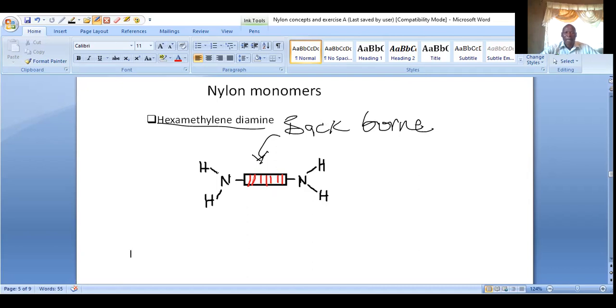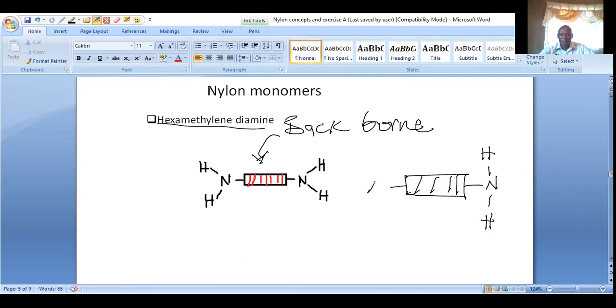We are only concerned with the functional groups at the end, which are the amine. It's typically shown by a backbone and the amine linkage, where you have nitrogen linked to hydrogen on both sides.